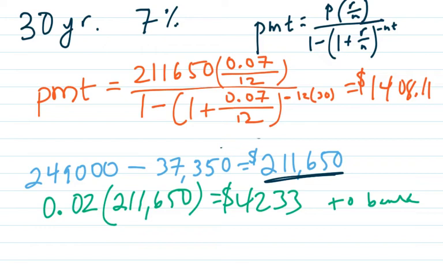Okay, so let's say their property tax and homeowners insurance were $475, I would add that to that monthly payment and get that they need to have an adjusted monthly income greater than $1,883.11 in order to purchase this home.